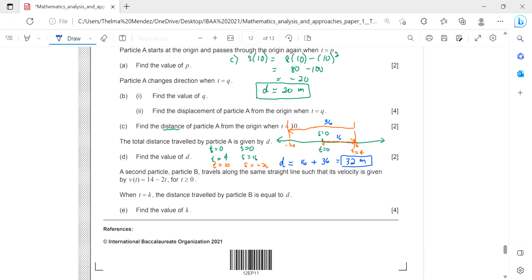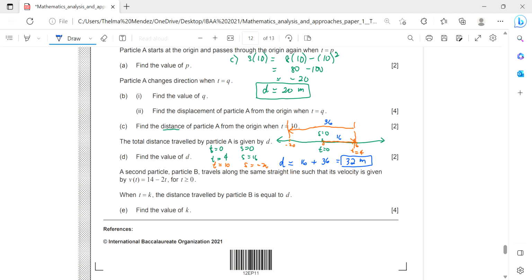Okay, so a second particle, B, travels along the same straight line such that its velocity is given by v of t equals 14 minus 2t for t greater than or equal to 0. So the velocity is given.